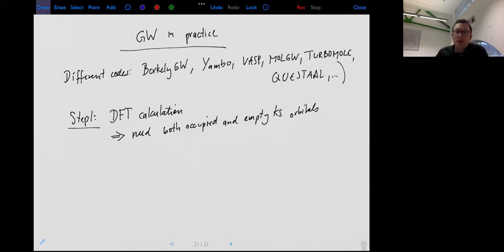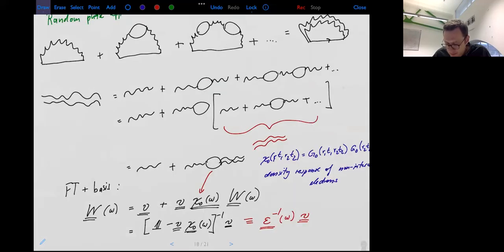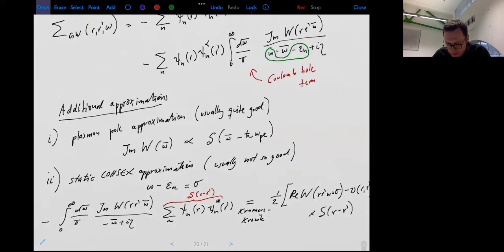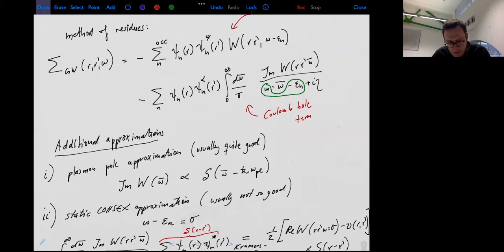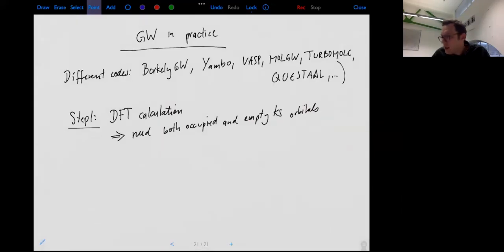Typically, we don't care so much about the empty Kohn-Sham states. Maybe we care about some unoccupied states close to the band gap. But here in these GW calculations, we often need hundreds or even thousands of these unoccupied Kohn-Sham orbitals, because in the Coulomb hole term, there is no restriction to unoccupied orbitals.